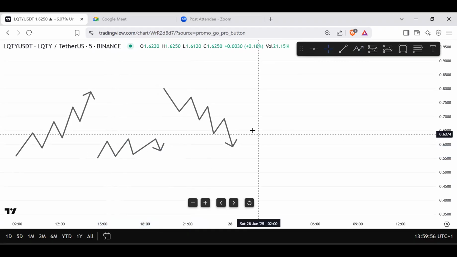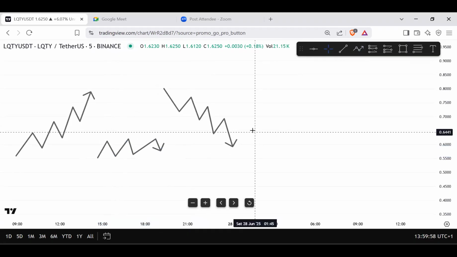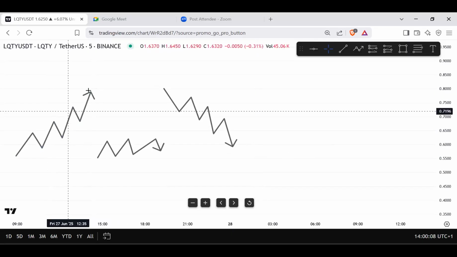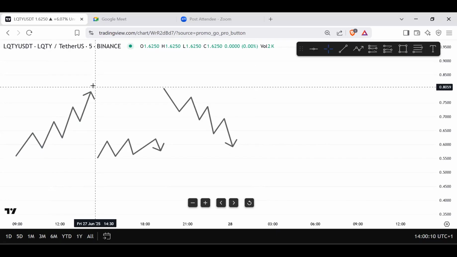Our job now is to see what the market is doing. When we're having bullish momentum, we'll be looking to buy so that we can make profits from that move.